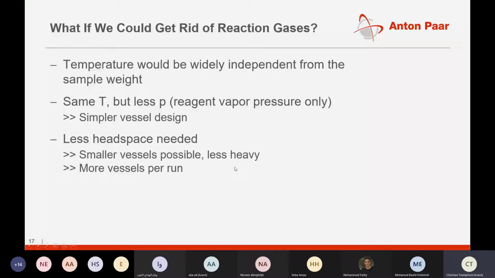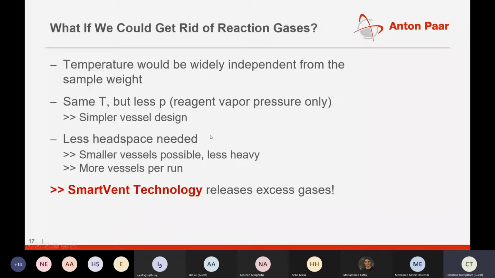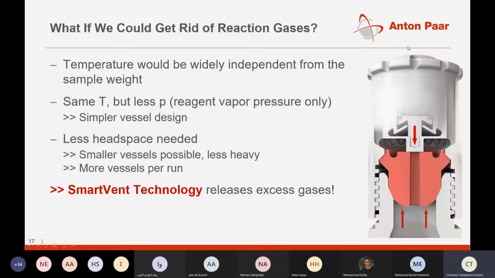And this is what we finally came up with, our smart vent technology vessels. They release these excess gases during a run. This is just a scheme from our latest vessel. You see the vessel body on the bottom. The vessel is closed with a screw cap, and inside the screw cap, this red piece is also made of PTFE TFM, a very inert and very pure material.